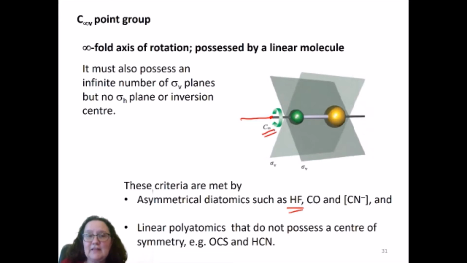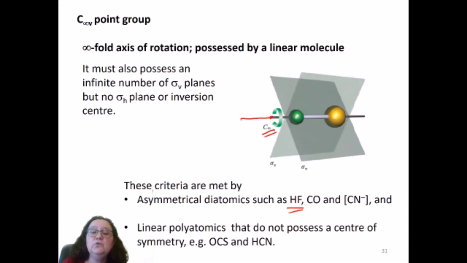And besides that, they have an infinite number of sigma V planes. They contain that rotation axis, and again you can have infinite planes around that rotation axis, sigma V's, and they all give you an identical configuration.